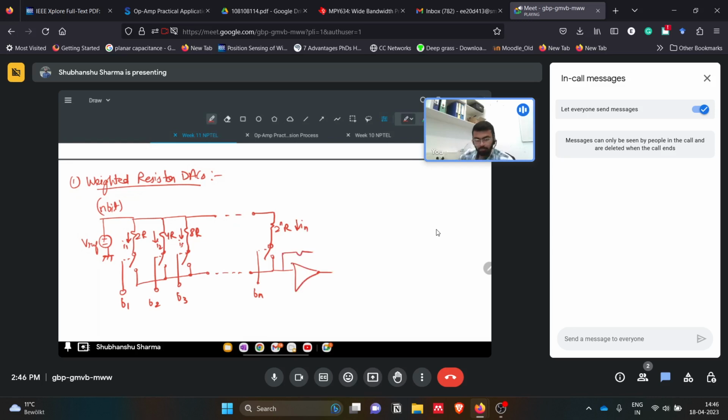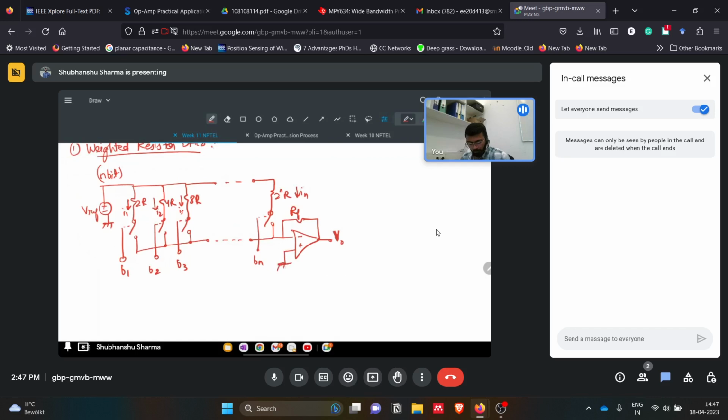The other part of the switch is connected to the inverting terminal of the op amp. So here we have the inverting terminal of the op amp having a feedback resistor RF giving an output voltage V naught. The non-inverting terminal is being grounded there.